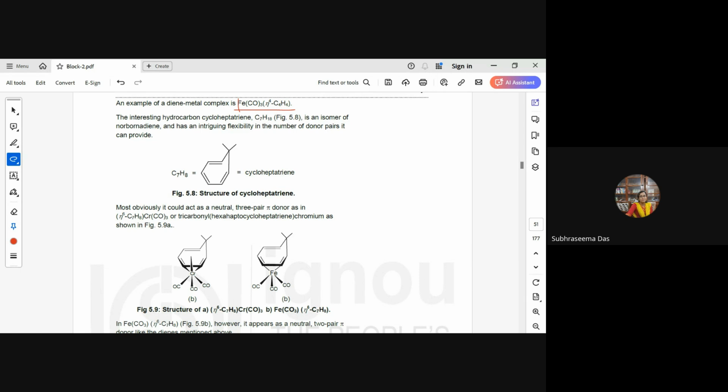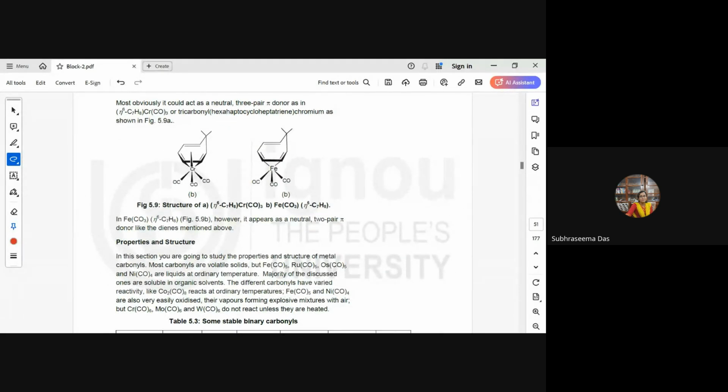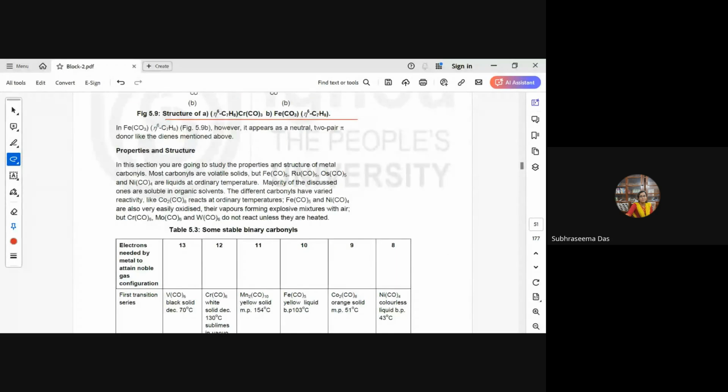C7H8 is cycloheptatriene. It is an isomer of norbornadiene and has flexibility in the number of donor pairs it can provide. So it acts as a neutral 3-pair donor as shown in figure 5.9a. However, it can also appear as a diene, and that is why it is a very commonly used metal diene complex.